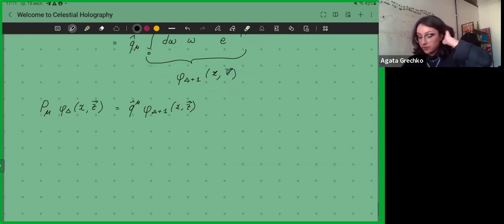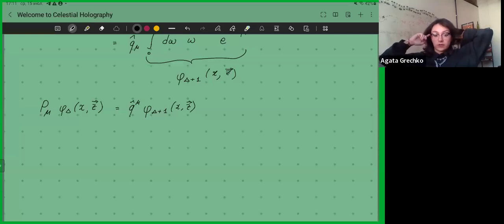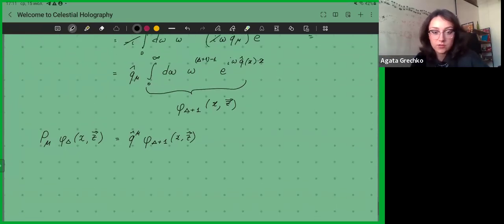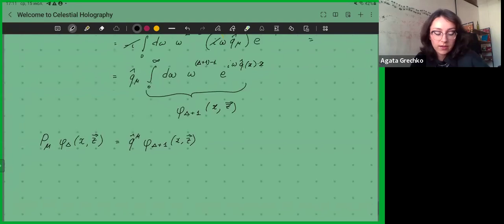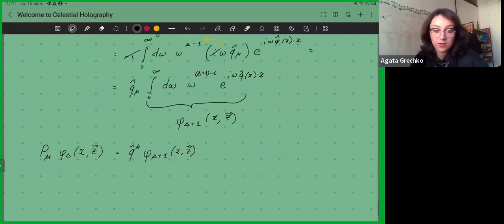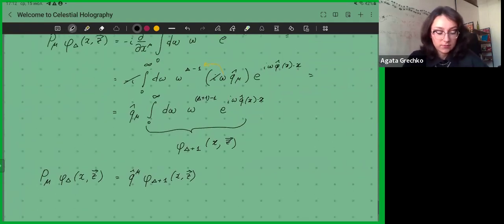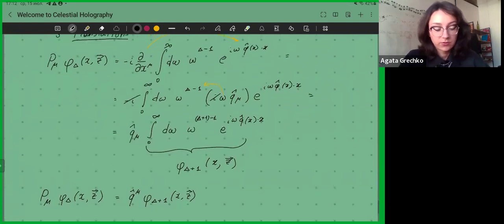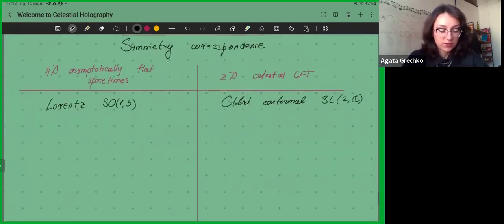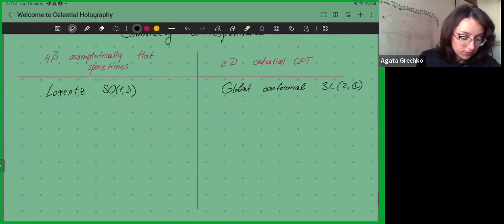We obtained that even though Lorentz boosts diagonalize and act trivially on our primary wave functions, the translation generators act as weight shifting operators, and this is something that we will put in our dictionary. So global translations, right? Translations.